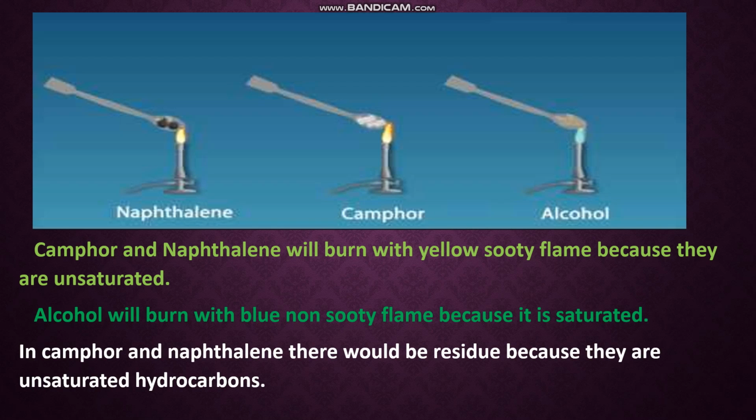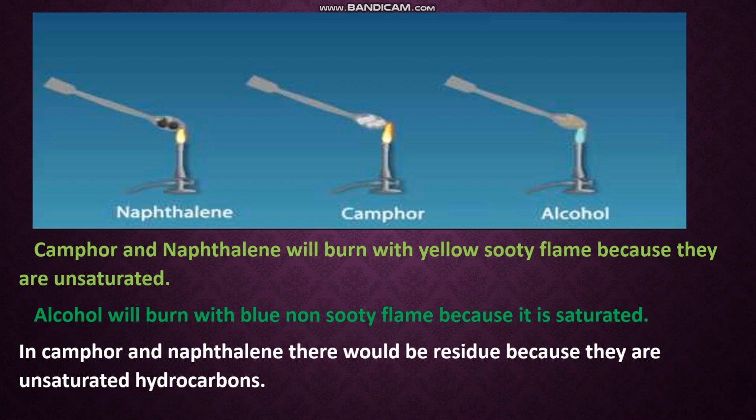So in camphor and naphthalene, there would be residue. Residue means the leftover solid substance, because they are unsaturated hydrocarbons. In saturated hydrocarbons, the carbon content is less. Due to that, they undergo complete combustion, so they burn with a non-sooty blue flame, a clean flame.